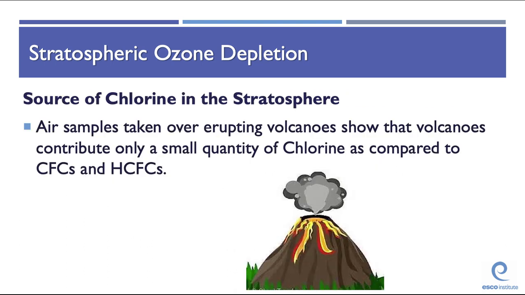There's been a great deal of controversy over the subject of ozone depletion. Some believe that the chlorine found in the stratosphere comes from natural sources such as volcanic eruptions. However, air samples taken over erupting volcanoes show that volcanoes contribute only a small quantity of chlorine as compared to the refrigerants containing chlorine.